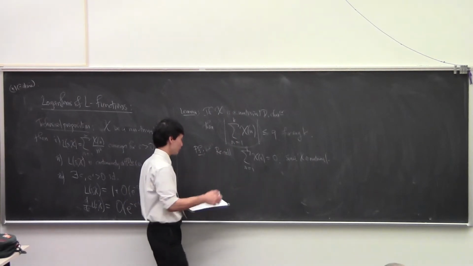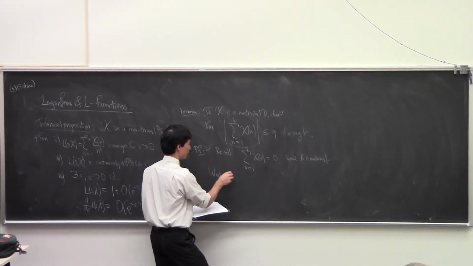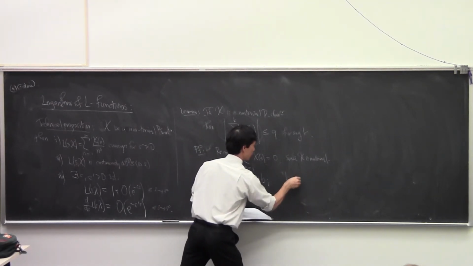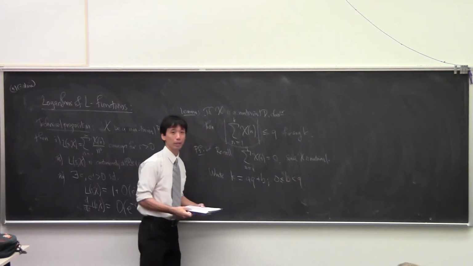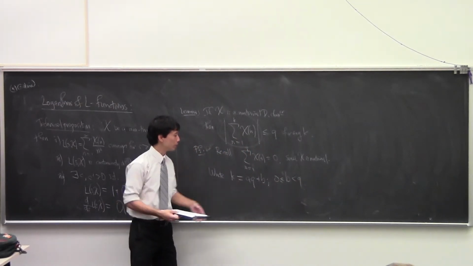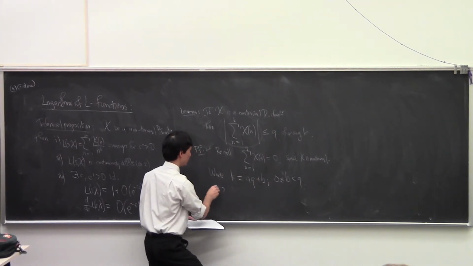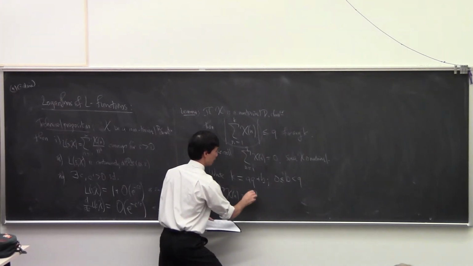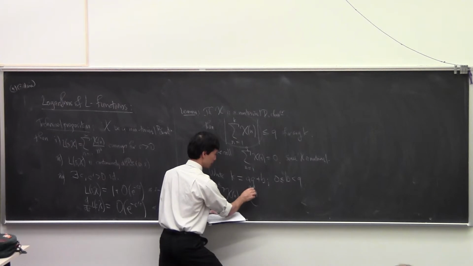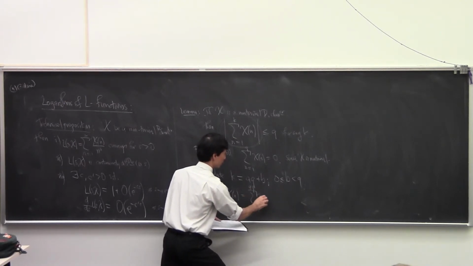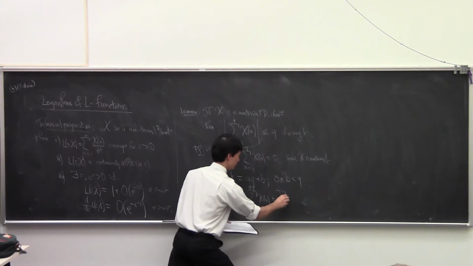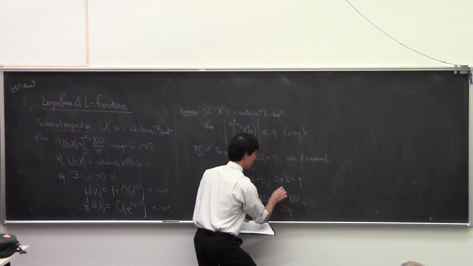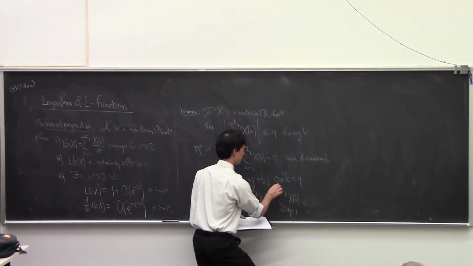So here's what we do. We write k as aq plus b, where b is between 0 and q, by the Euclidean algorithm. Then this sum of chi(n) from 1 to k is the sum over these first guys, n from 1 to aq, plus the sum of n from aq plus 1 to aq plus b.